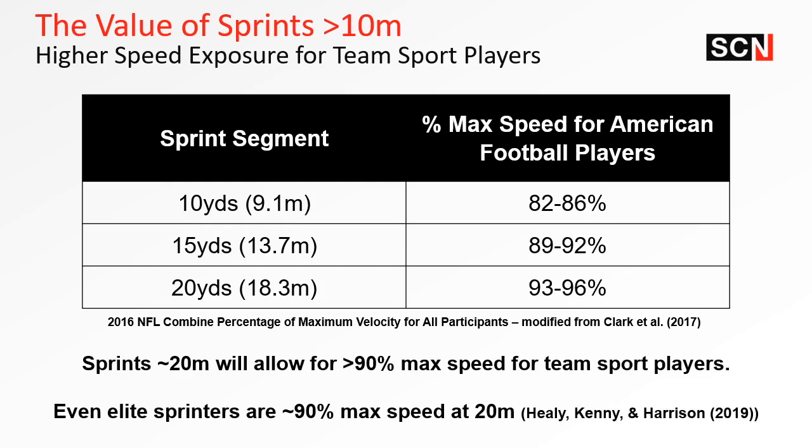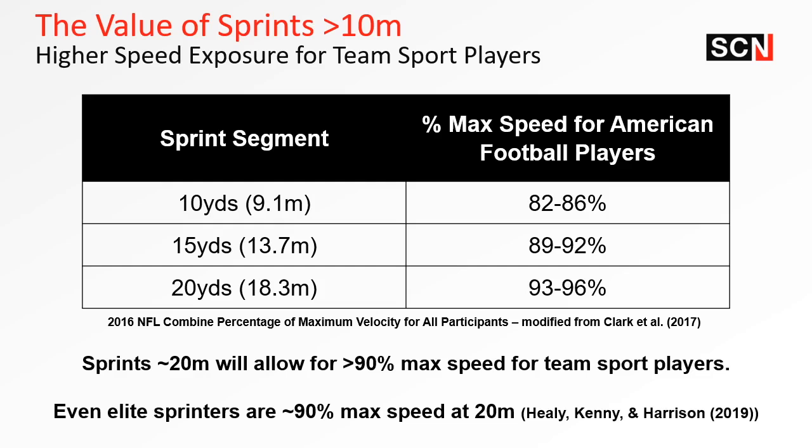And what we can see from this table is that at 18.3 meters or 20 yards, every athlete that participated was somewhere between 93 and 96% of their maximum speed at that 20-yard mark. So what was shown by this paper is that sprints that are around 20 meters will allow for greater than 90% maximum speed for American football players. It'll be even closer to 100% speed for those athletes that are a little bit slower.